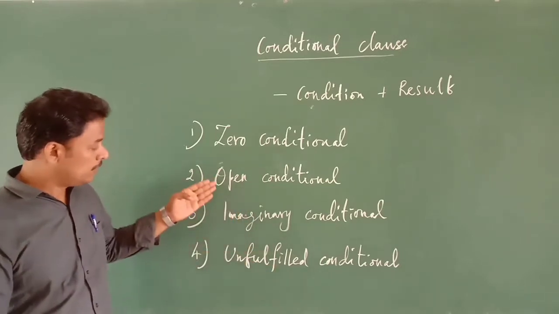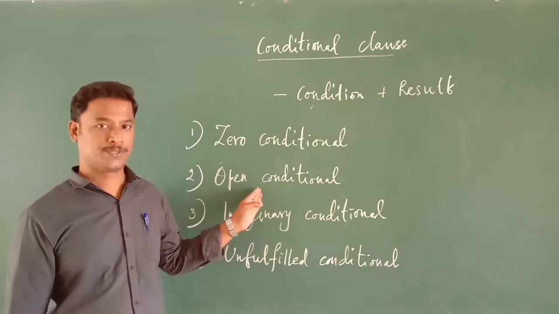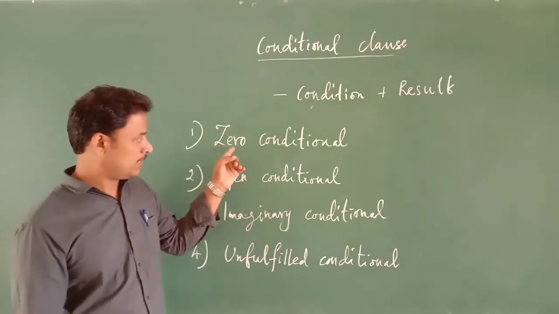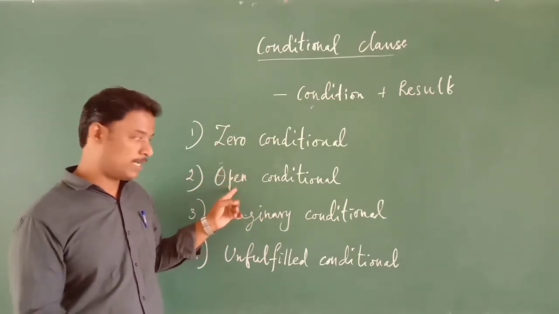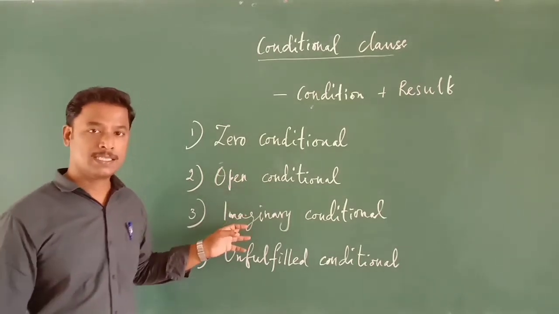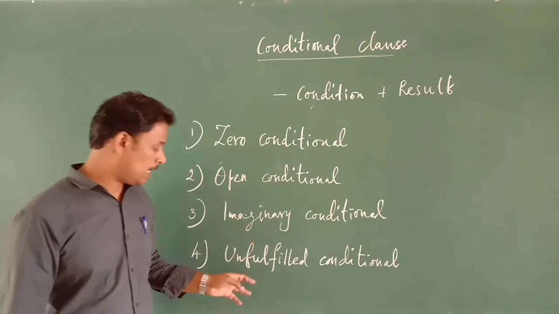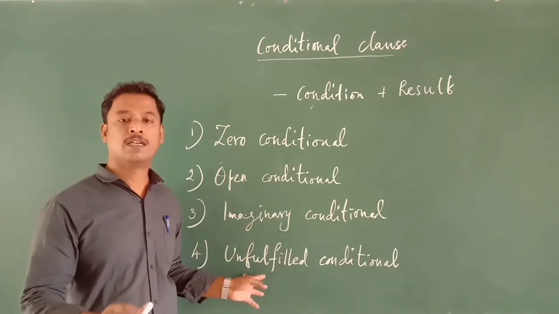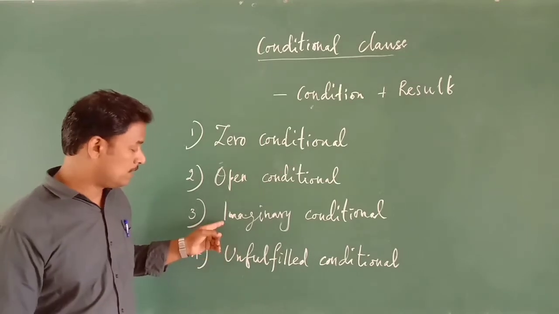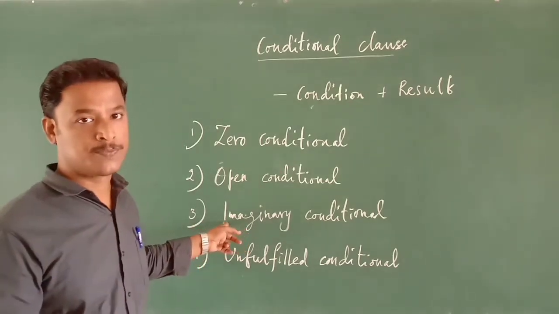Okay. So these conditional clauses have technical terms. The first one is zero conditional, the second one is open conditional, the third one is imaginary conditional or improbable conditional, and the last one is unfulfilled conditional. This third one, imaginary conditional, has two other technical terms.